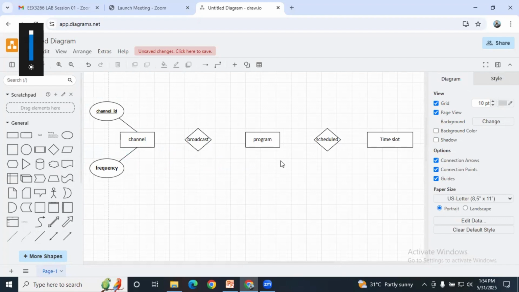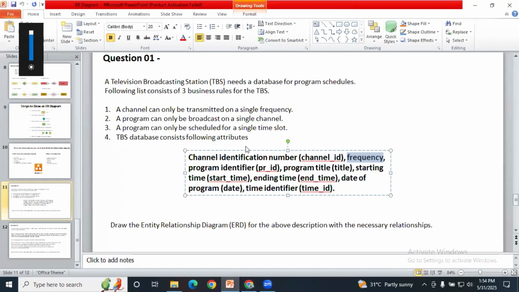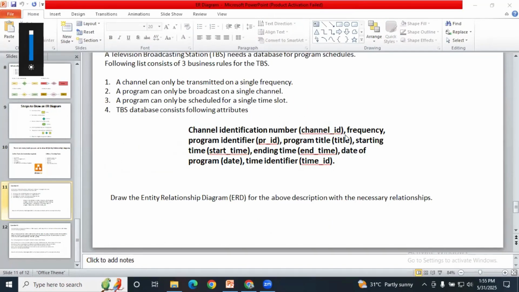Okay. So what are the attributes that go for the program? We previously discussed. What are they? Yes, title, program date, and program ID. Program. Okay.